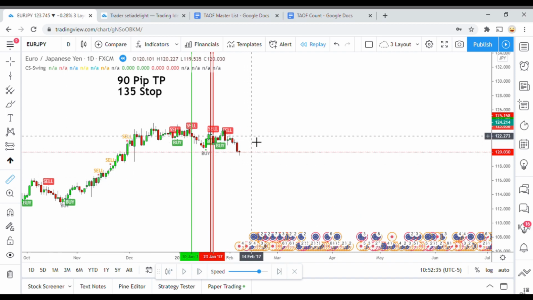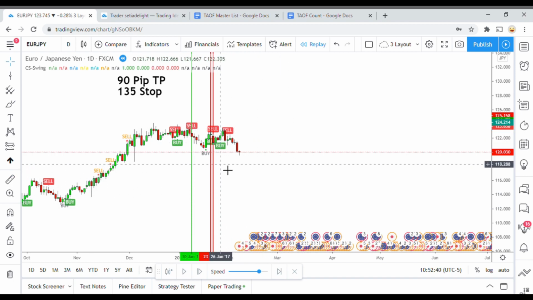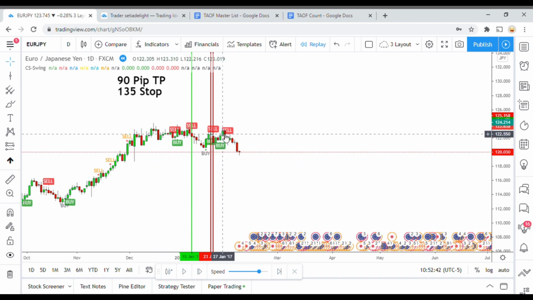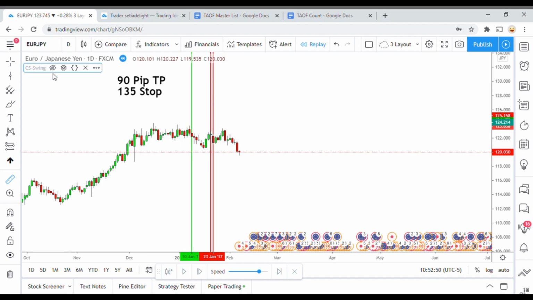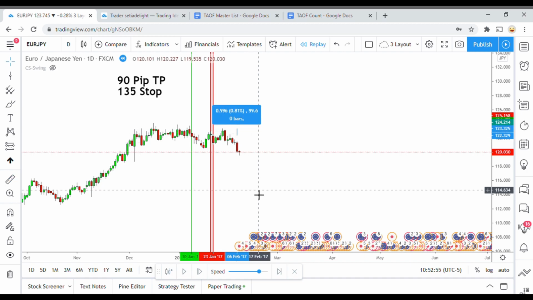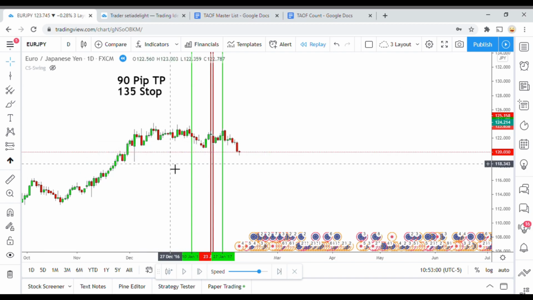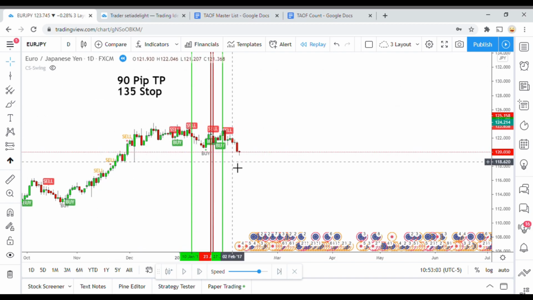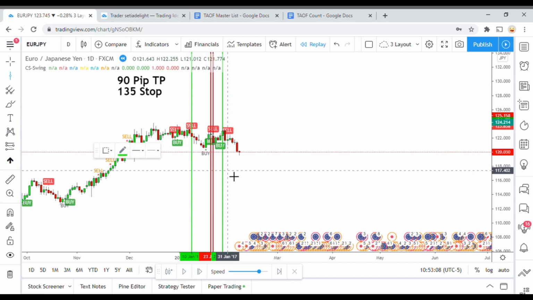Then we pick up a long right there. That one would have been a winner. Then we pick up a sell right here. That one would have been a winner.